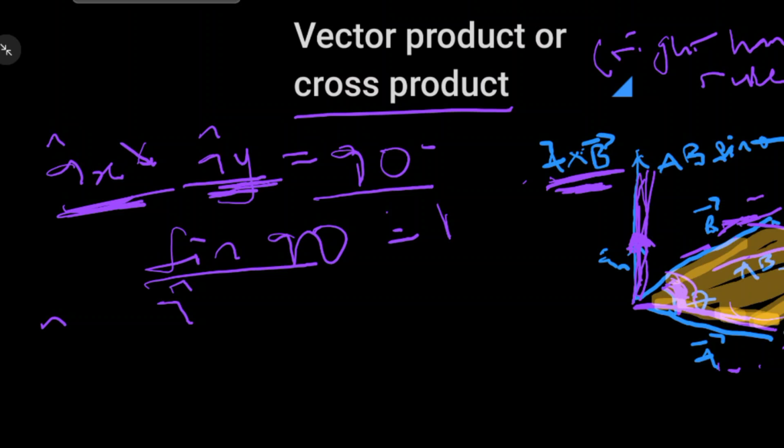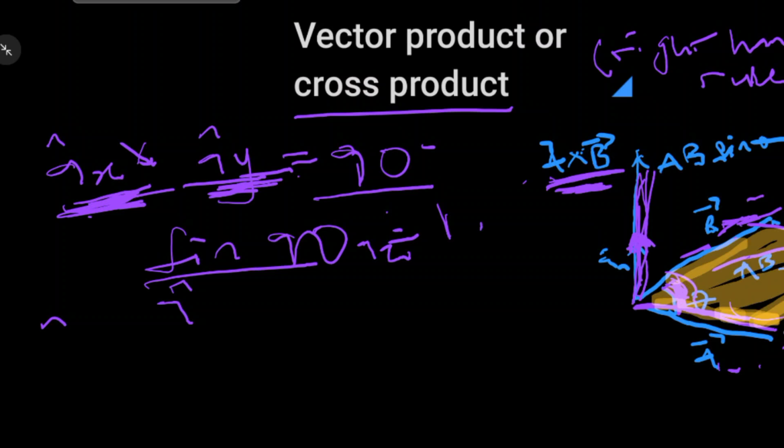And the 1 found right here, since I said it's perpendicular to both x and y, we can say that this is az, the new direction, sorry. So this is forming a new direction, a new unit vector, which is perpendicular to this and this.